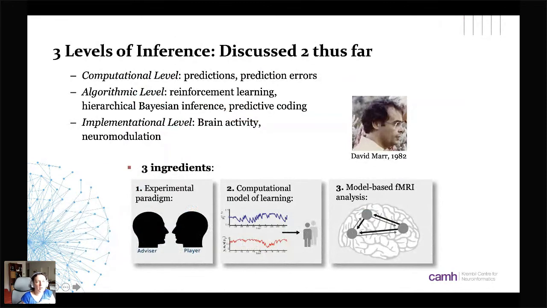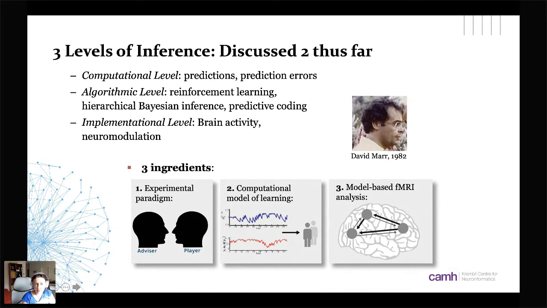So we've started out with two levels of inference. And if we take into account the Marian levels of inference, which many of you, I'm sure, have heard about, we consider the computational level, which variables or which computations are of particular interest, which computations do we believe underlie learning or belief updating processes during our experiments.